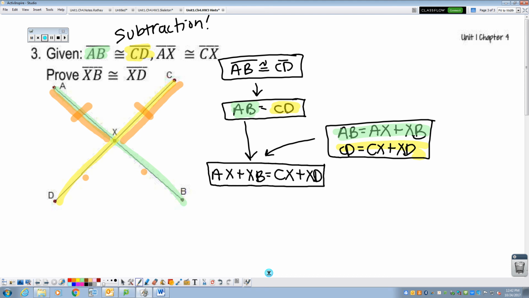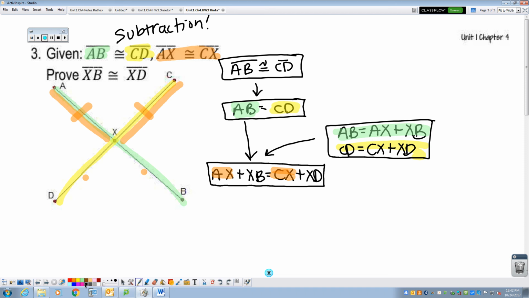Now, always keep your goal in mind. So the goal is to get XB congruent to XB. And that means I need to get rid of AX and CX, which are right here. Those are my orange segments. Well, we know from right here that they're congruent.